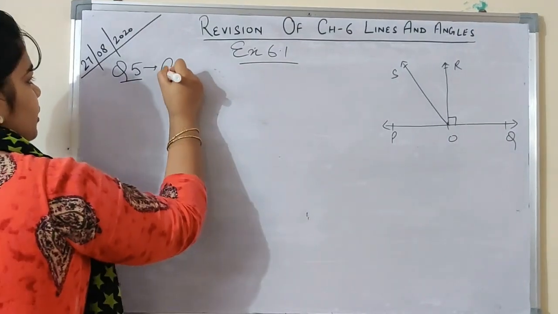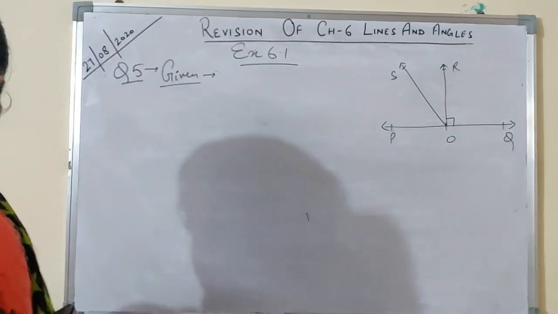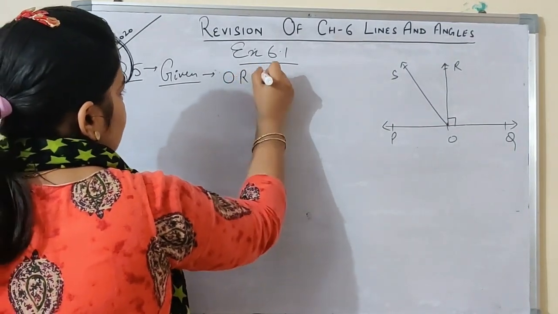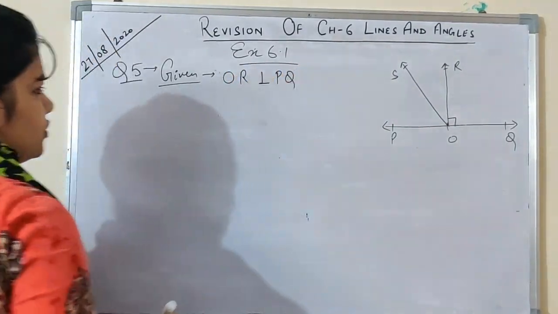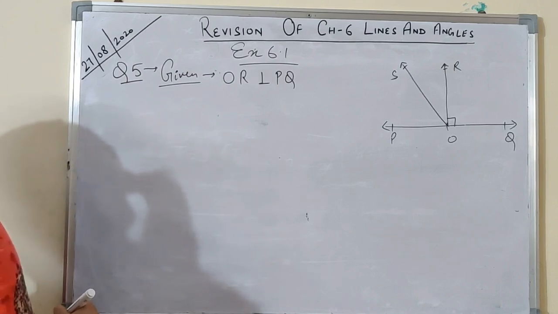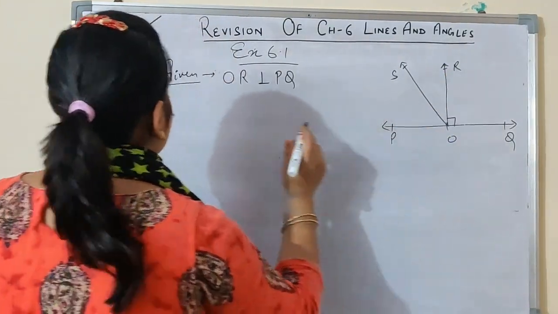Now I am just writing what is given to us. That is, given is that OR is perpendicular to PQ. Then OS is another ray lying between rays OP and OR. Only this much is given, that OR is perpendicular to PQ.